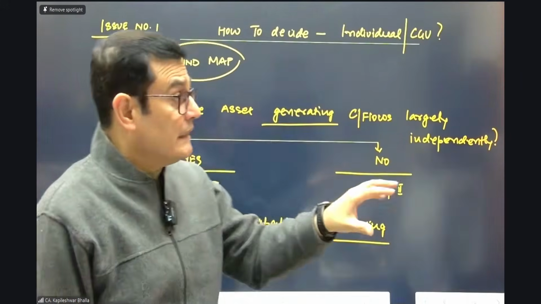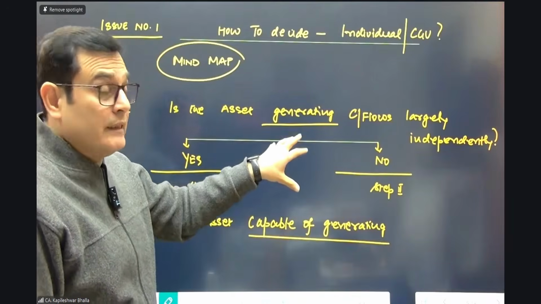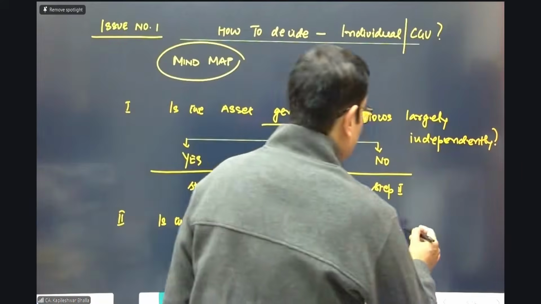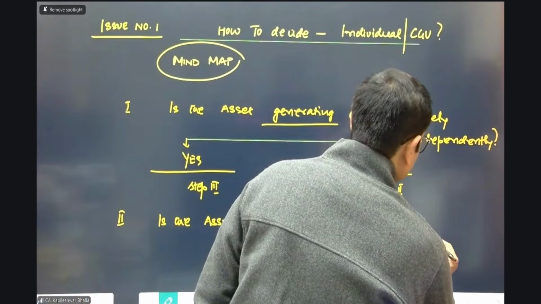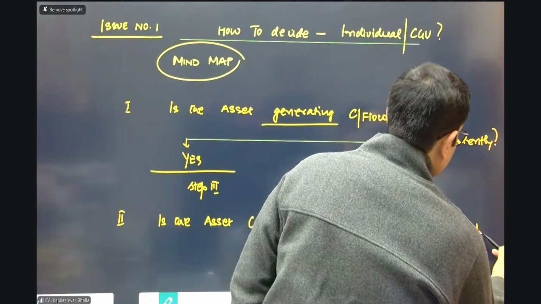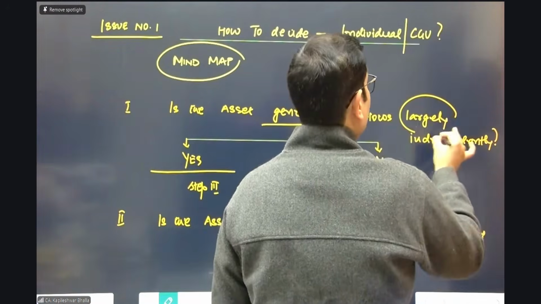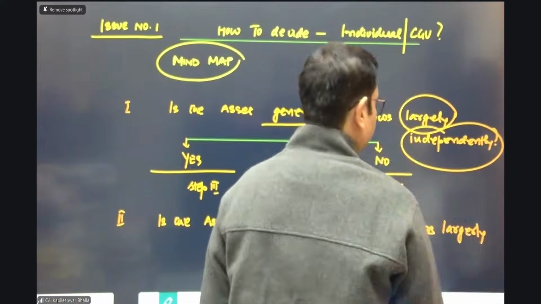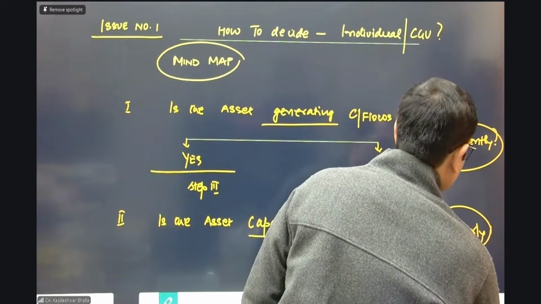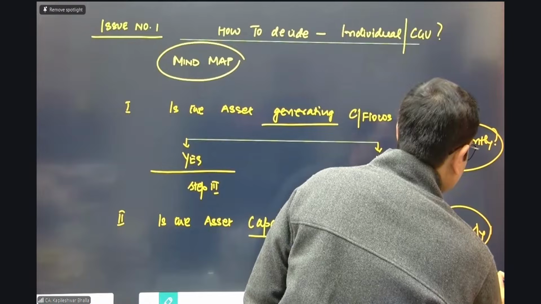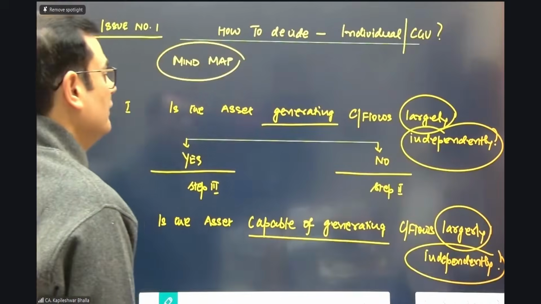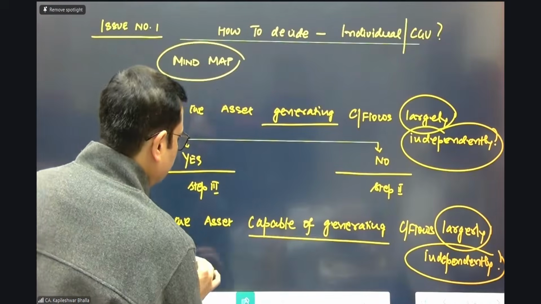So there are 2 things. Is it generating actually? Is it capable of generating? So is it capable of generating cash flows largely independently? The words are very clear, largely independently. So we need to see that is it capable of generating cash flow largely independently. So here again, the answer would be a yes or a no.